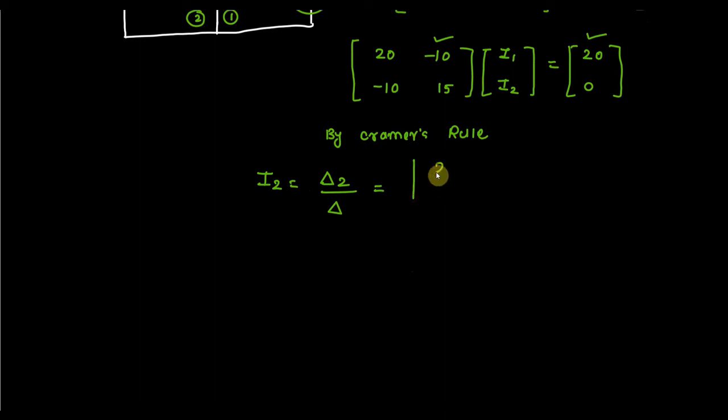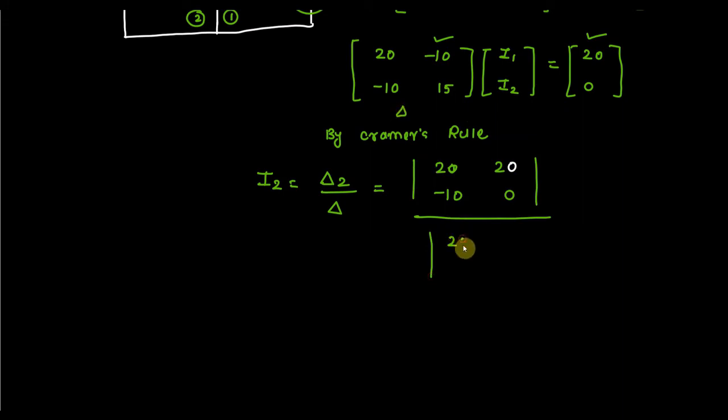So it is 20, minus 10, this will be 20 and this will be 0. So this is your delta 2. And what is the delta? Delta is this matrix.